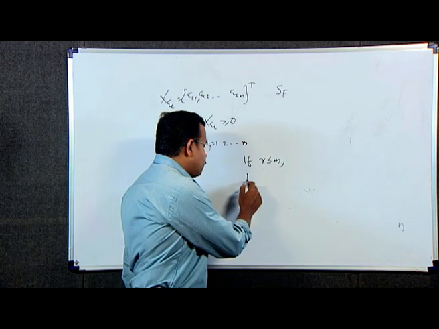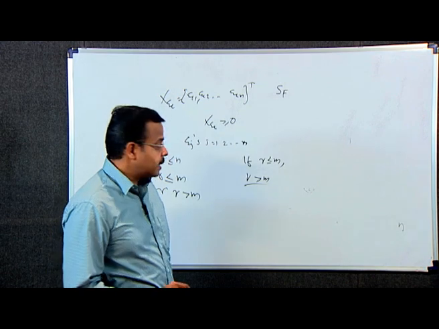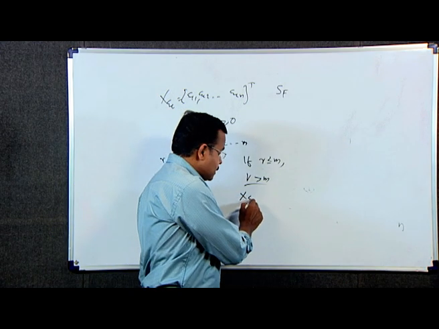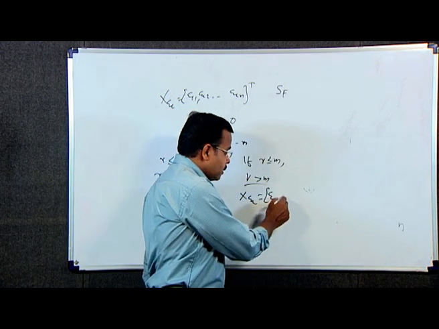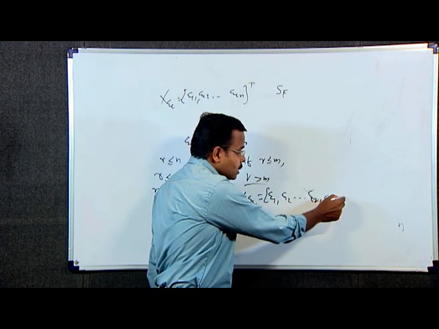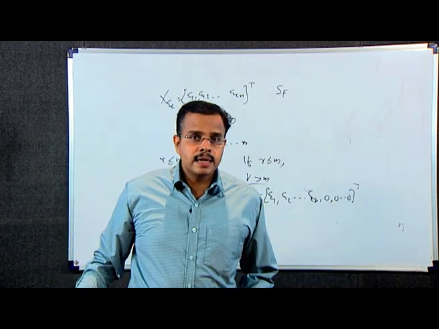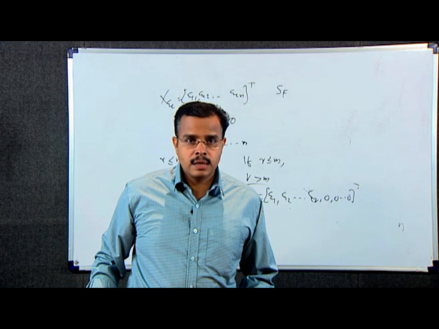But if r greater than m, then we may put x psi equal to psi 1, psi 2 etc. psi r, 0, 0 etc. 0 the transpose, where psi j greater than 0 for j equal to 1, 2 etc. r.